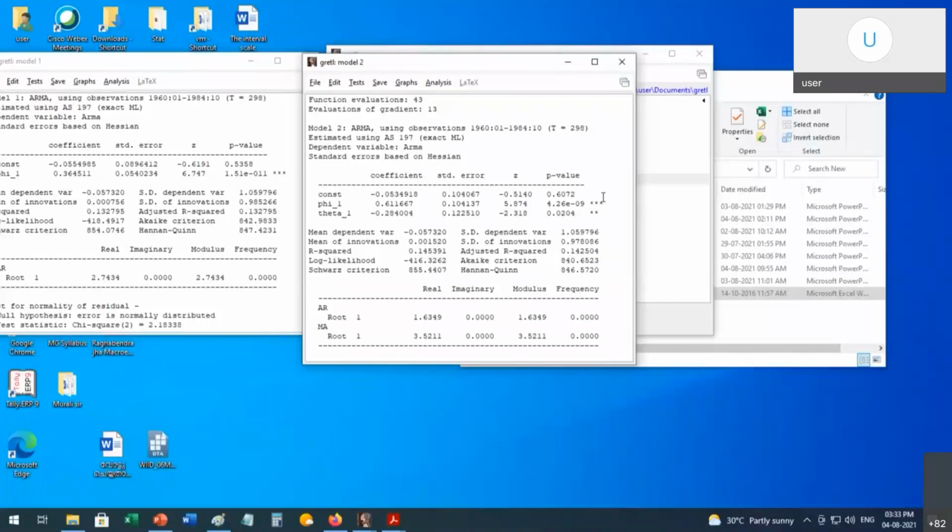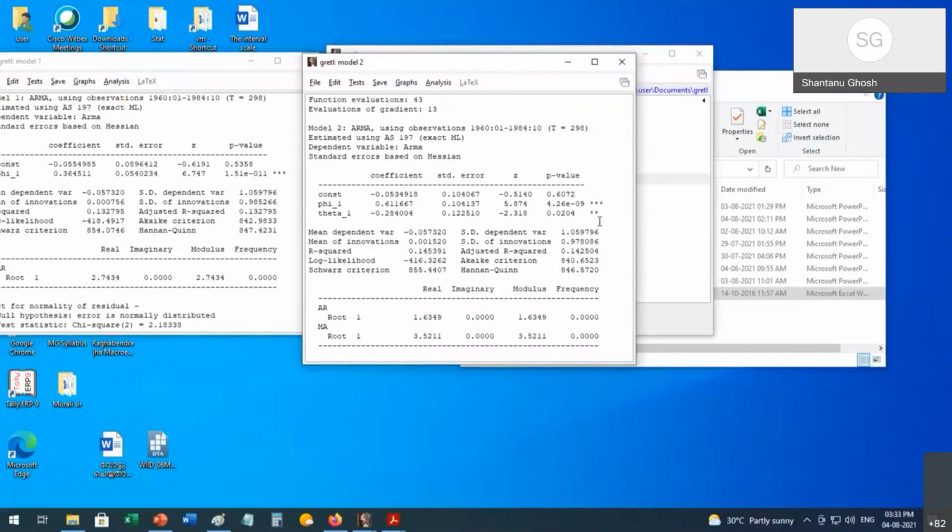Sir, in the AR process, the number of spikes in the PACF lets us identify the order of the process. Sir, in AR and MA, from the correlogram, what should we be seeing to find the order of the process in that case?